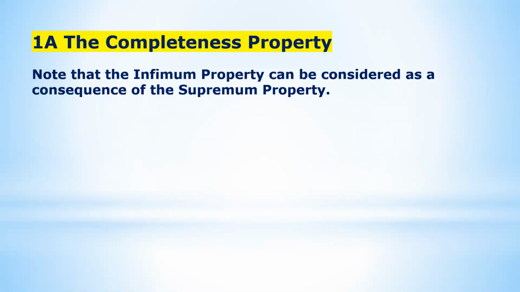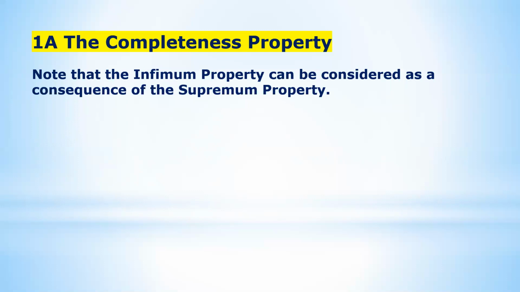Here, I want to indicate one important thing, which is not carried in the book, not written in the notes. Now, we have two properties which form the completeness property. However, the infimum property can be considered as a consequence of the supremum property. Now, what does it mean?